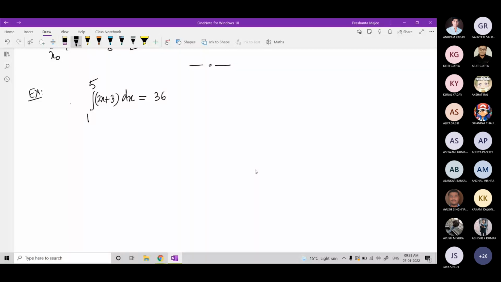So let us create the data points. Here x, here y. What is y? y equals 2x plus 3. So x's values are 1, then 2, then 3, then 4, then 5.